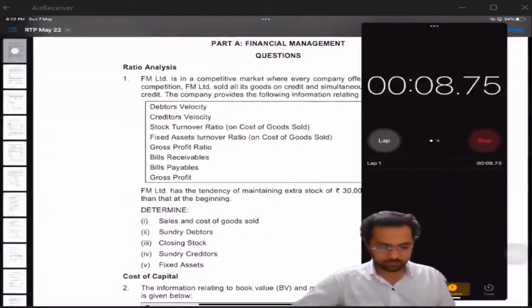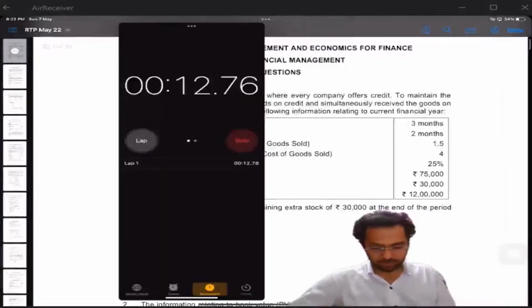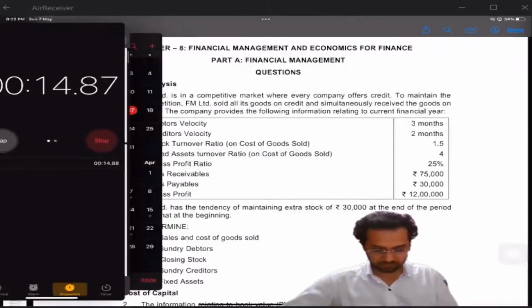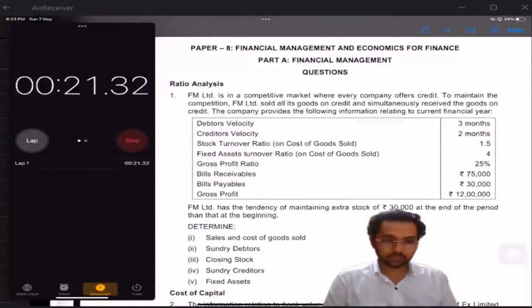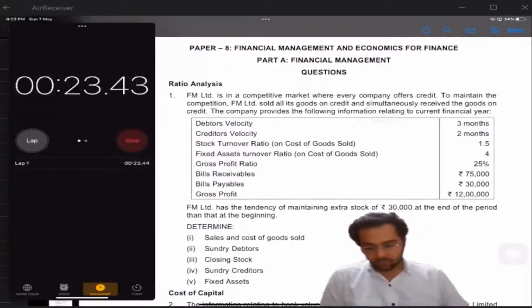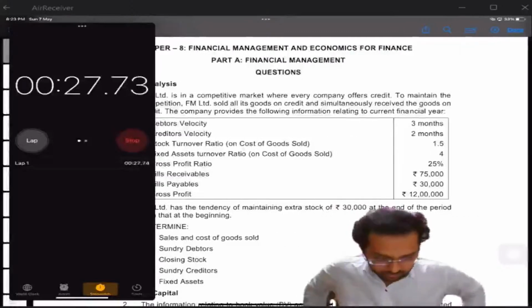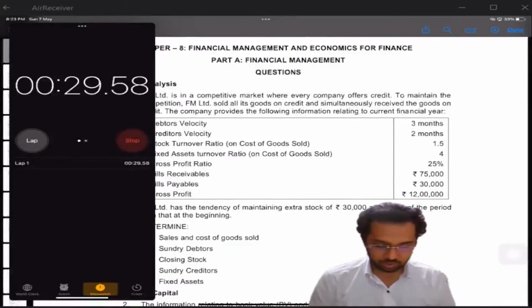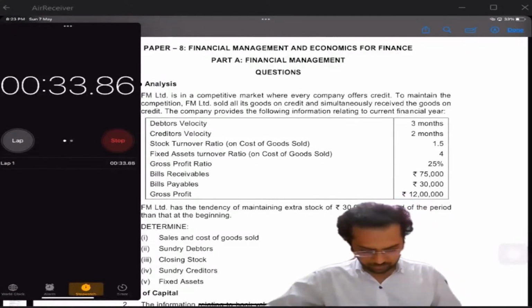Try to solve it within a span of 7 minutes. Quick, guys. Pretty easy.